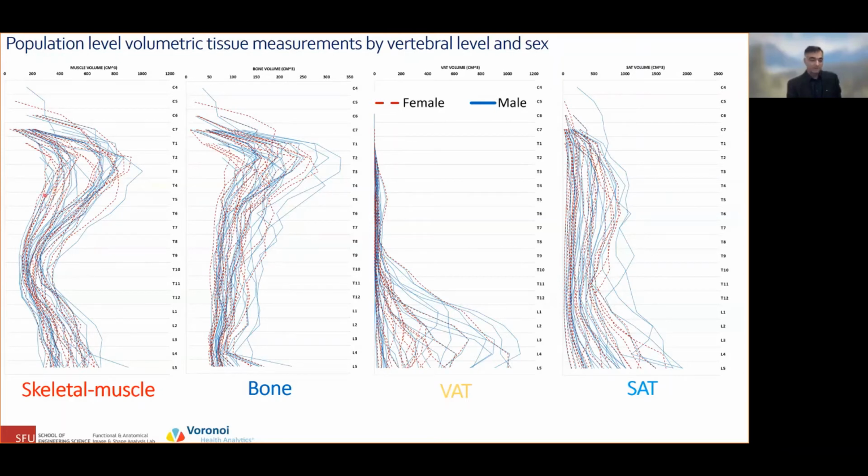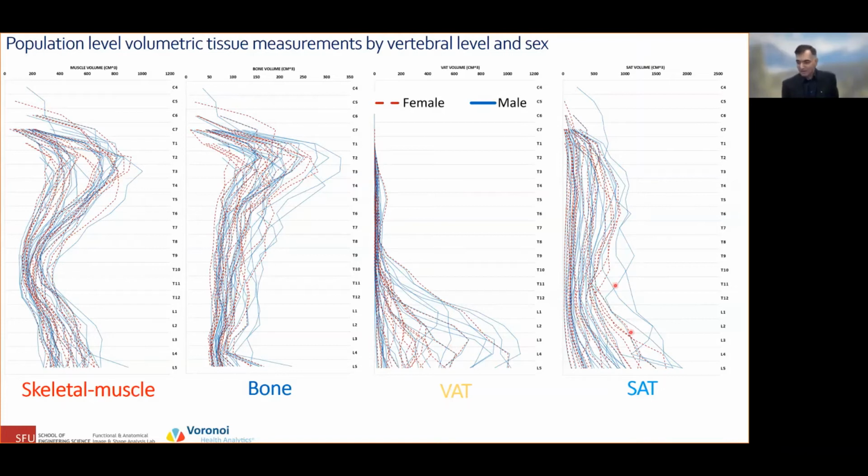So there's something else explaining this distribution of skeletal muscle, maybe lifestyle. This is the distribution of bone, and again, both males and females show variation from low to high. And this is visceral adipose tissue. Again, there are no big patterns according to demographics, like sex, male or female, and likewise for the subcutaneous adipose tissue.